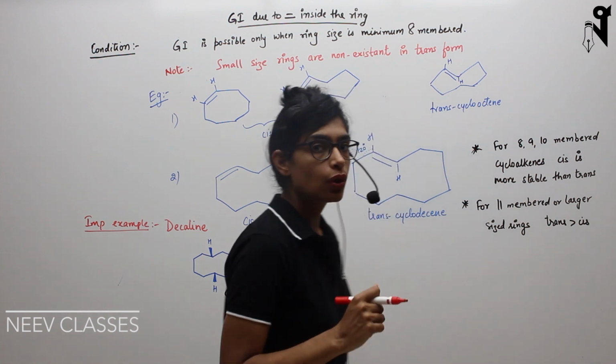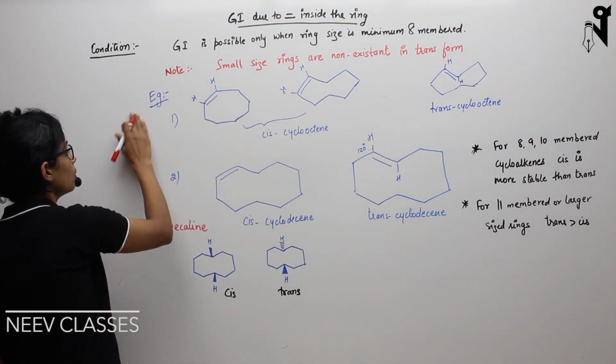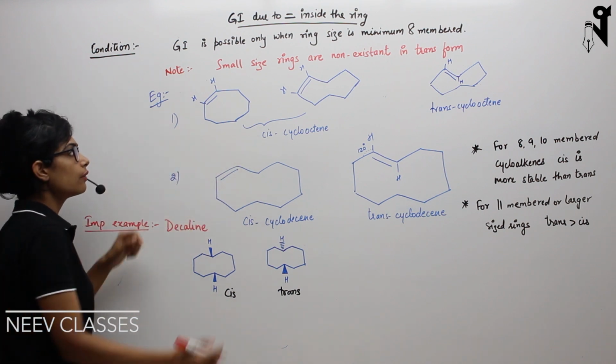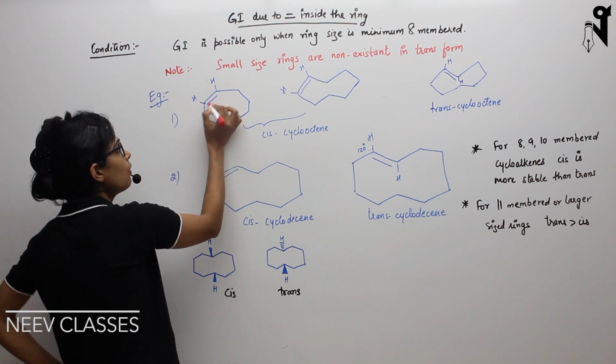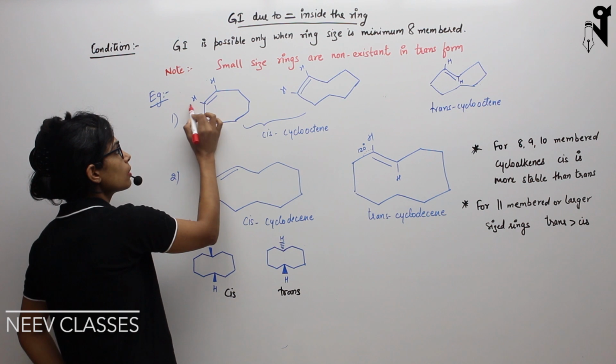So let's see first of all what the cis and trans forms of cyclooctene are. This is cyclooctene. Now look at it very carefully. I have placed a double bond here, and if you mark the hydrogens here, just look at these hydrogens.